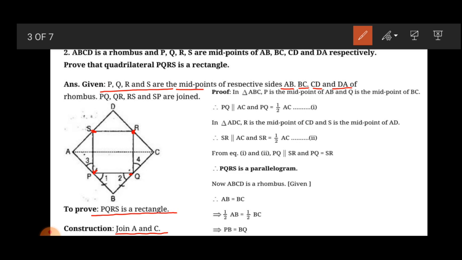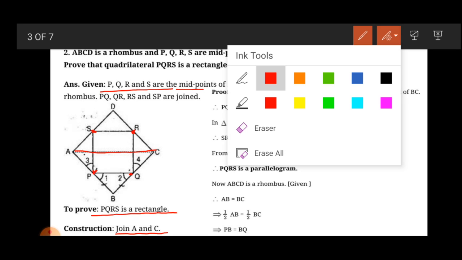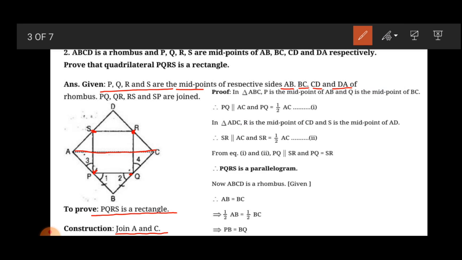Join A and C. Now in triangle ABC, P is the midpoint of AB and Q is the midpoint of BC. So PQ is parallel to AC and PQ is half of AC by the midpoint theorem.